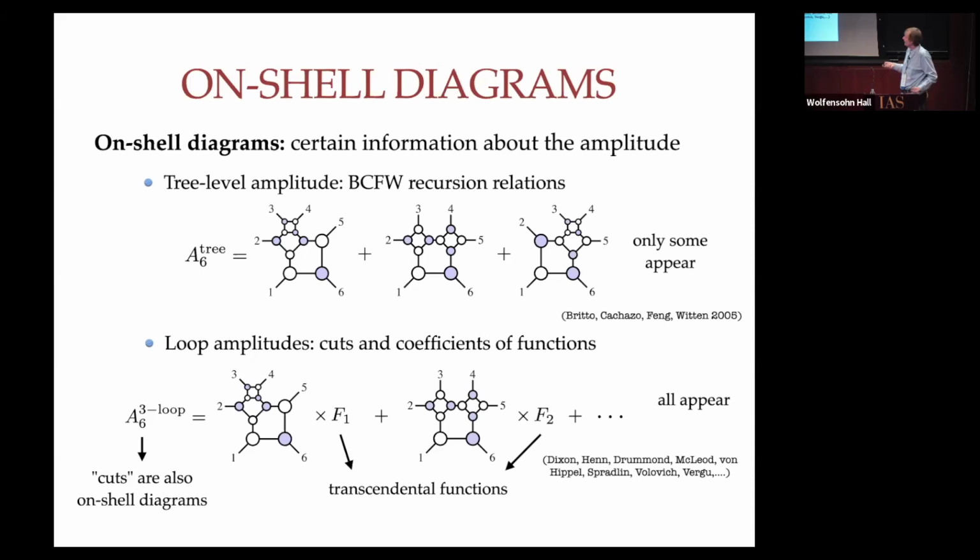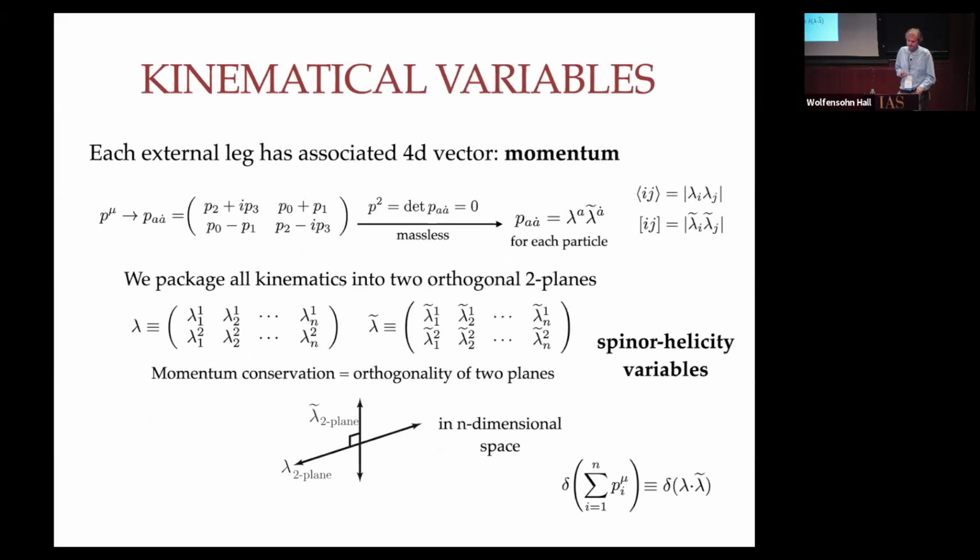But all diagrams actually play a role in loop amplitudes, as I said, as the coefficients of these complicated functions after integration, or in some special integrals of the amplitude called cuts, where all of them play a role. So all on-shell diagrams actually appear as some information in physics. But only a special subset appears in this expansion for tree-level amplitudes.